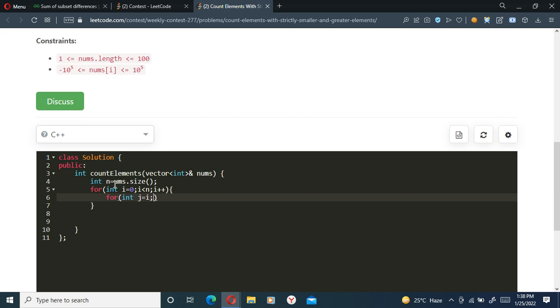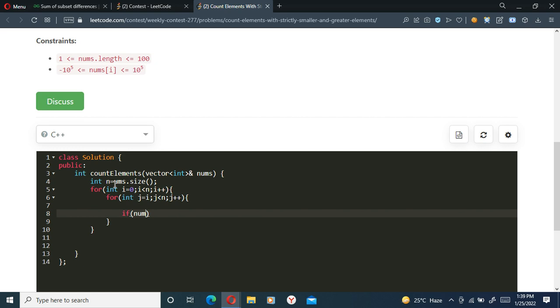For int j is equal to i, j less than n, j plus plus. Just check for every element if it has a strictly less than and a strictly greater than element. If yes, then increment the counter. Otherwise, just leave it. And if you increment the counter, just break out of the loop. Yeah, this could be a possible answer.